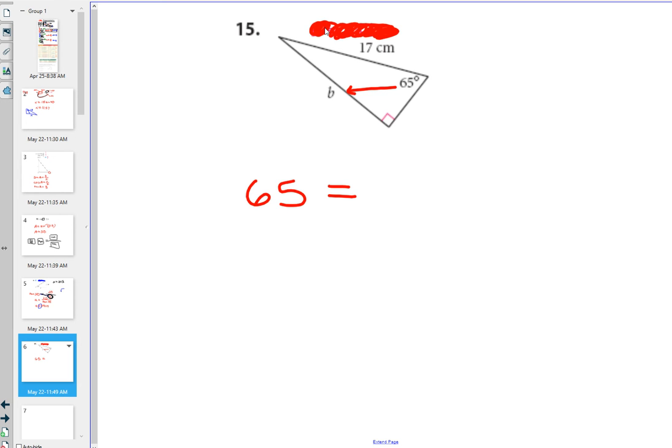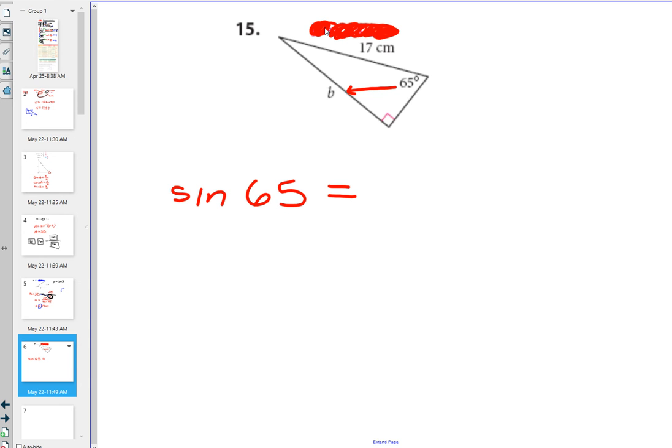So even though it's touching the 65, it is not a leg. It's the hypotenuse. So then the question is, what trig function relates opposite with hypotenuse? Opposite with hypotenuse. So sine. So Shaylee, that means I put sine in front.